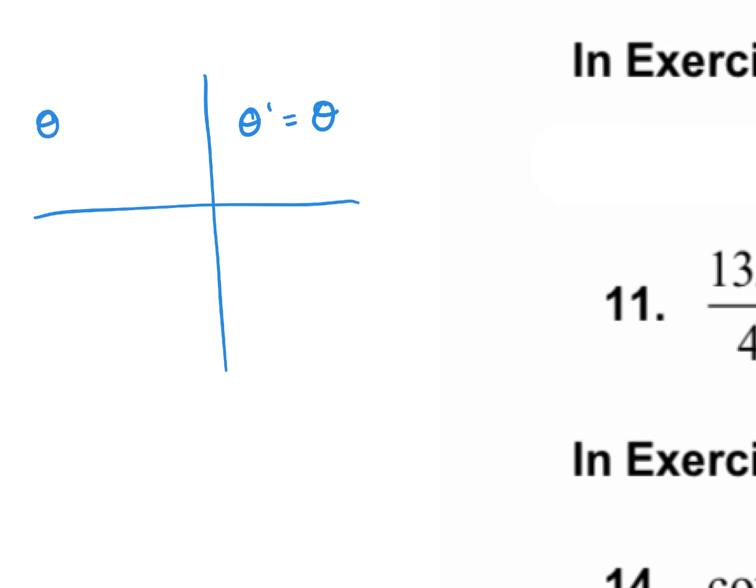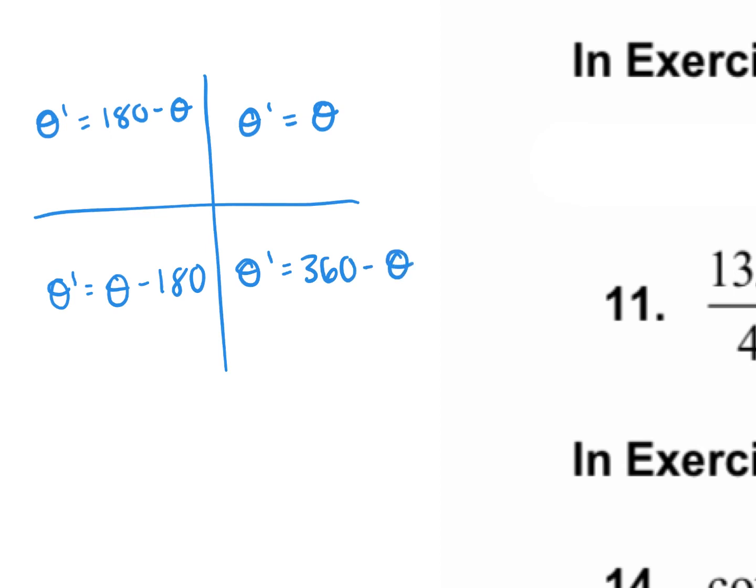If we're in the second quadrant, theta prime is equal to 180 minus theta. Third quadrant, theta prime is equal to theta minus 180. And fourth quadrant, theta prime is equal to 360 minus theta. So these are 4 formulas we need to know.